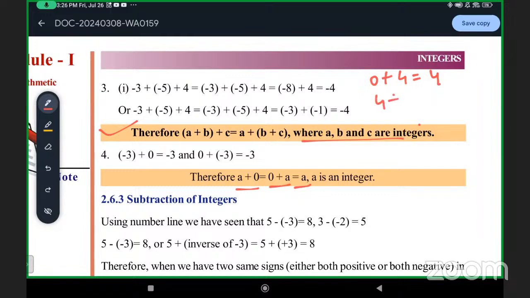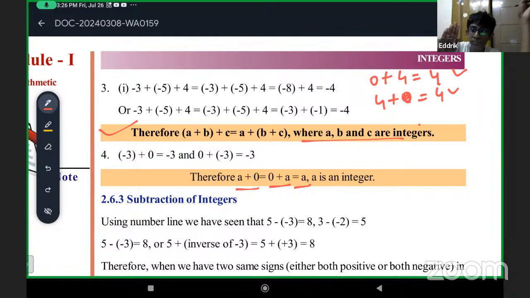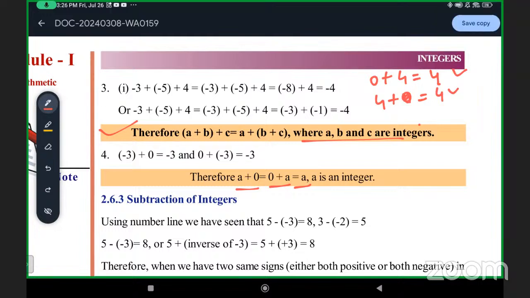If you do 4 plus 0, you will get 4. Yes ma'am, 0 is the additive identity of integers. So this is the identity which proves that your a, this is my a, should be an integer.